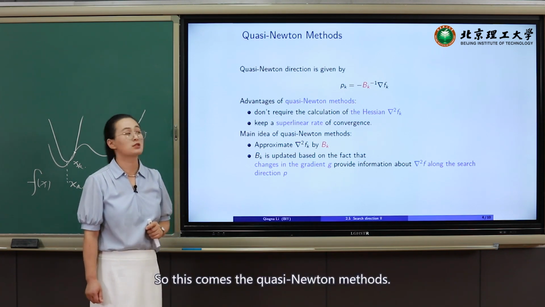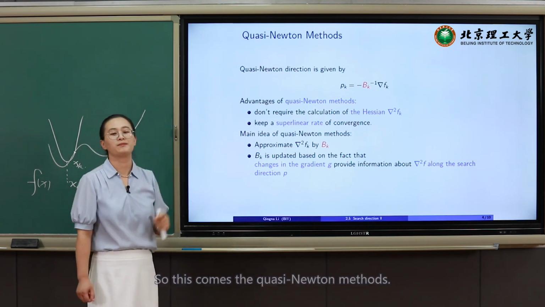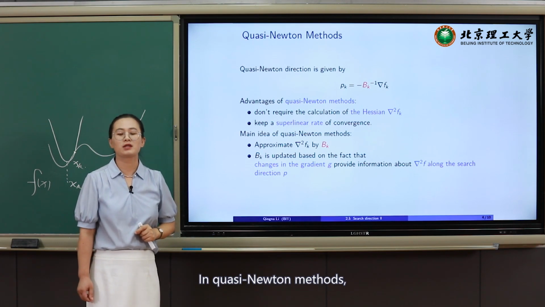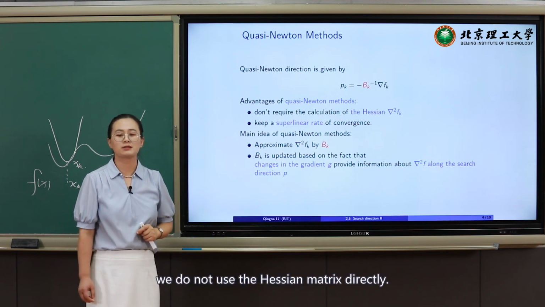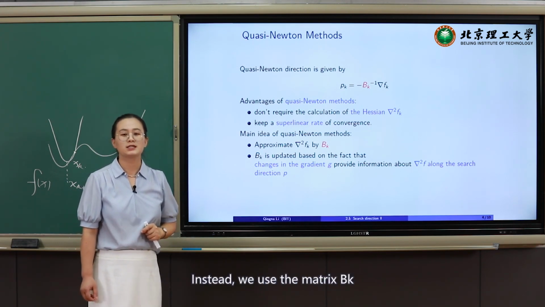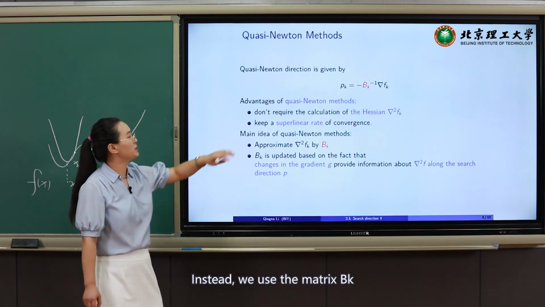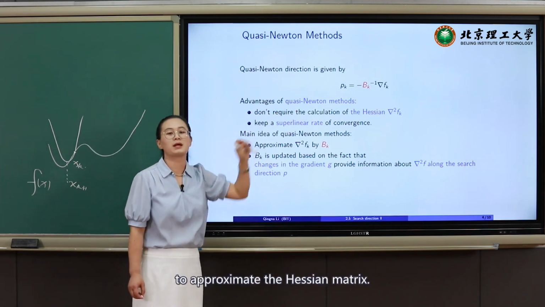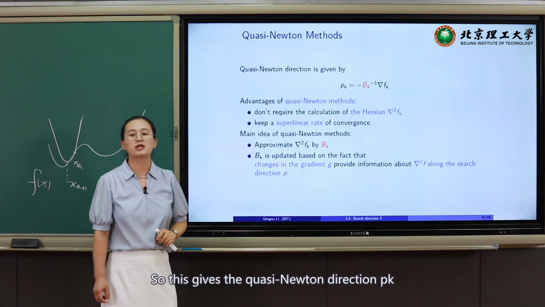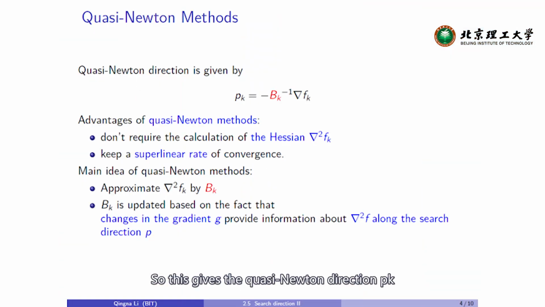This is where the quasi-Newton methods come in. In quasi-Newton methods, we do not use the Hessian matrix directly. Instead, we use a matrix B_k to approximate the Hessian matrix. This gives the quasi-Newton direction p_k, as shown in this equation, where we replace the Hessian matrix by an approximate matrix B_k.